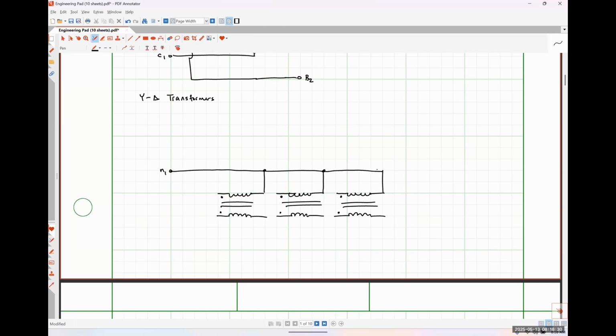And now I'm just going to start taking, make sure I give myself enough room here, positive polarity terminals. So this is going to be lowercase c1.